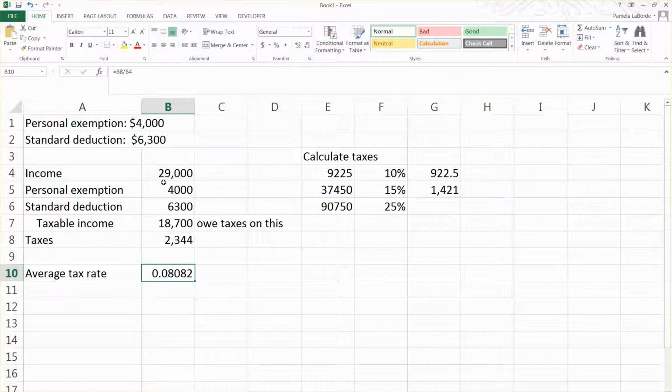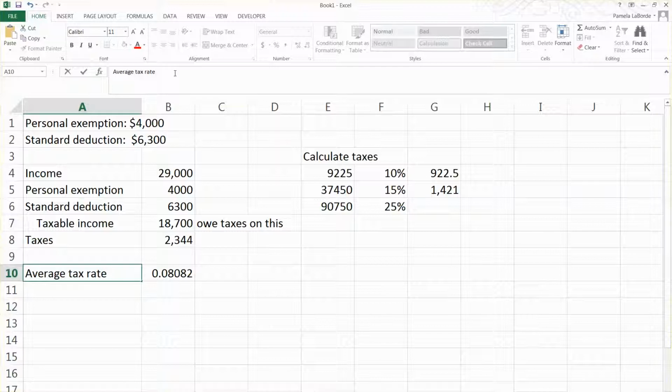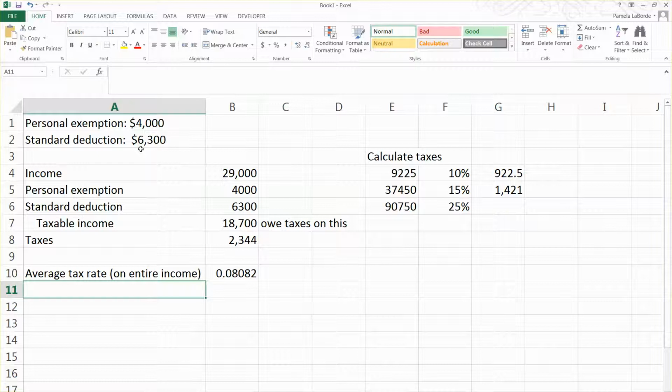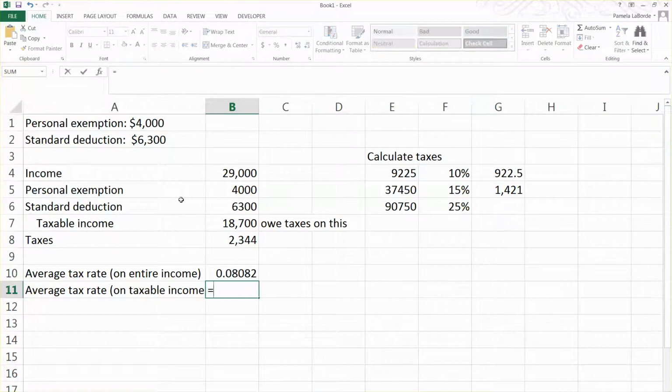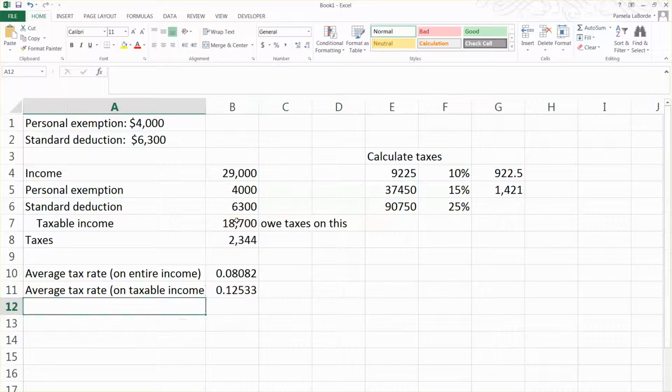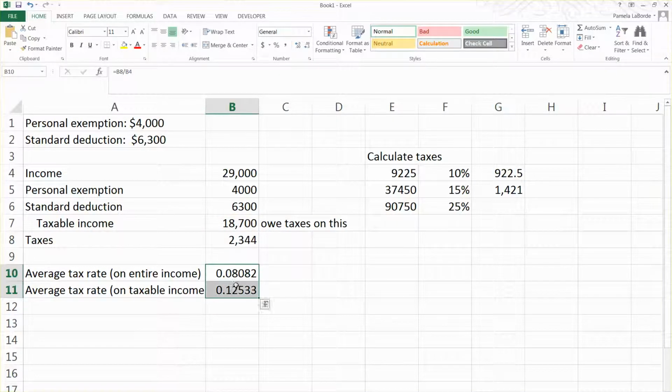But your average tax rate on your entire income is 8.08%. And actually I'm going to be very explicit on entire income. And then your average tax rate on your taxable income is going to be the taxes that you pay divided by your taxable income. So 12.5%.